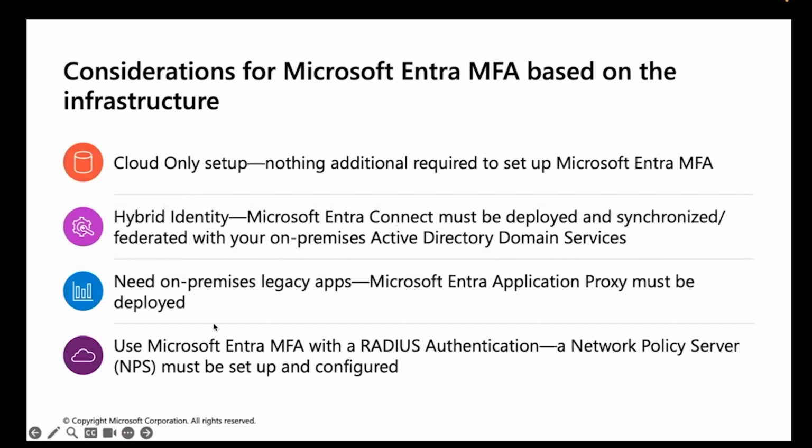Also think about if you have some legacy applications. Legacy applications are applications in your on-prem Active Directory environment that are not modern applications with modern authentication or MFA and many other options. So if you want to enable MFA for legacy applications, what can you do?